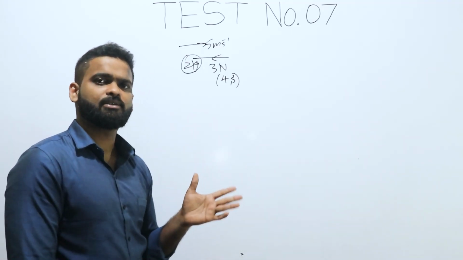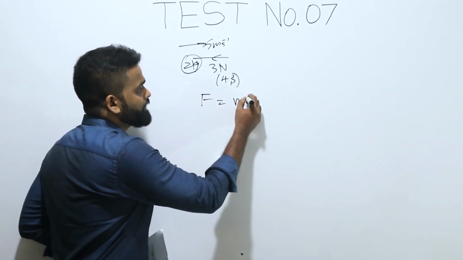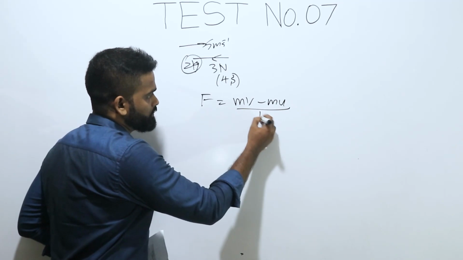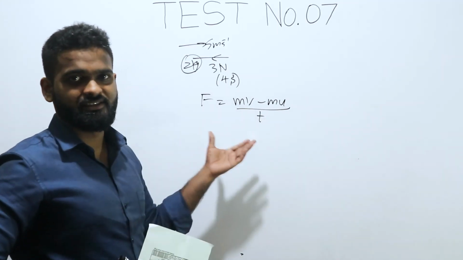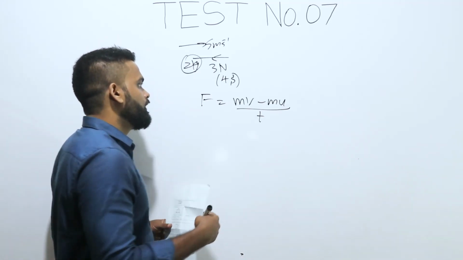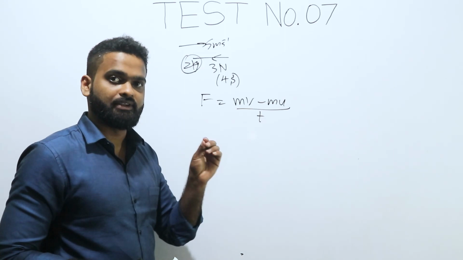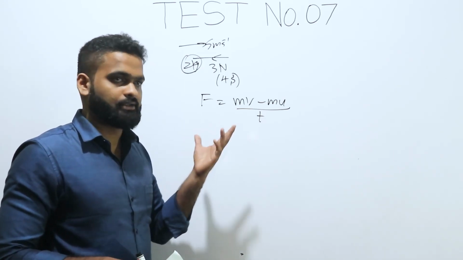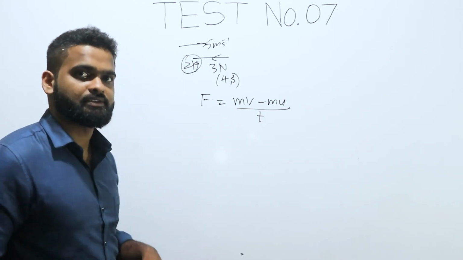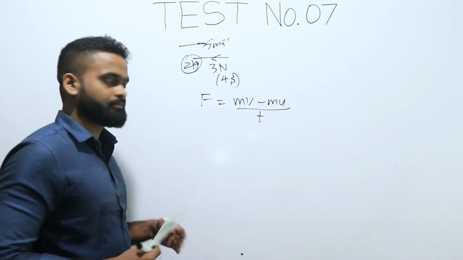Or the easiest way is F equals m(v minus u) divided by t. This is just F equals ma in a different form. But here you have to be careful of the signs and directions.